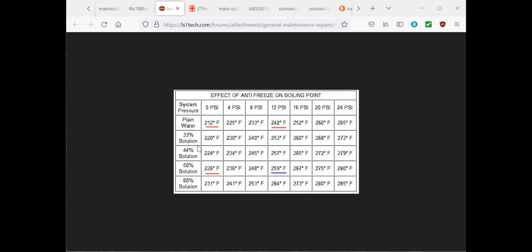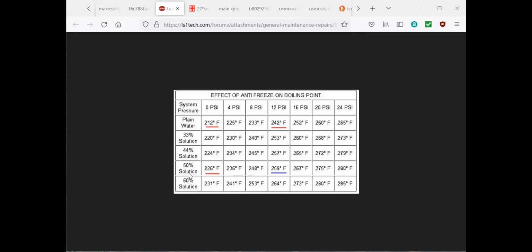But now if I have antifreeze in my solution, so it's a mixture of water and antifreeze, and 33% of that solution is antifreeze, I raise my boiling point of the solution up to 220 degrees Fahrenheit. If I increase the amount of antifreeze, I can now get it to 224 degrees Fahrenheit.